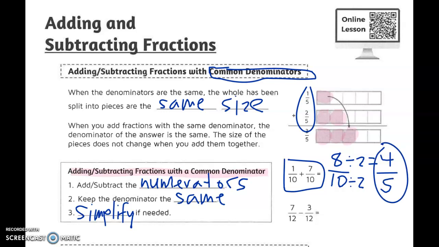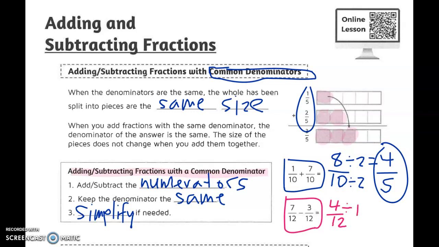Now, if we take our other example, 7/12 minus 3/12, this is a subtraction problem. Again, the denominators are the same, so we're just going to keep it as a 12, and then we're going to subtract: 7 minus 3 is 4. Now we can simplify because we know that they are both divisible by 4.